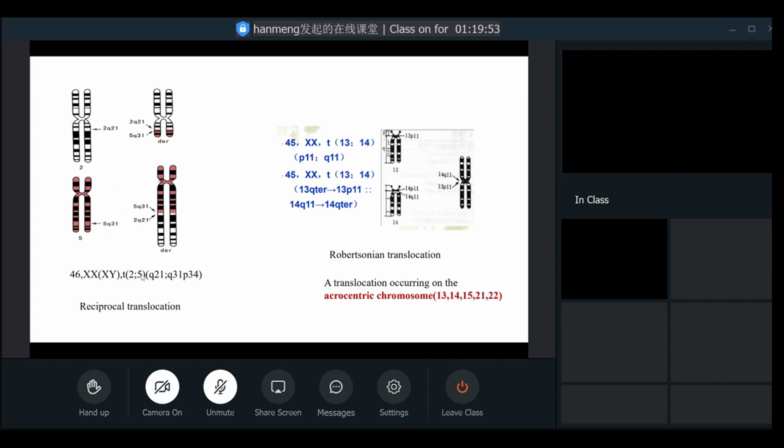Use a semicolon to write the two chromosomes, 2 semicolon 5.